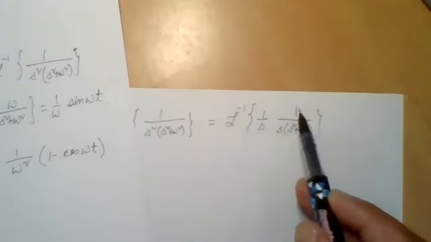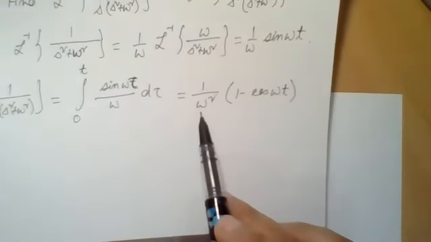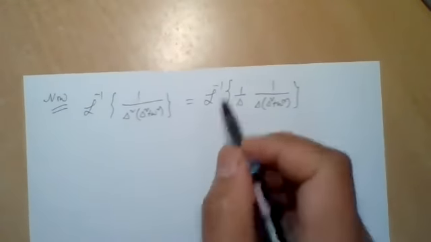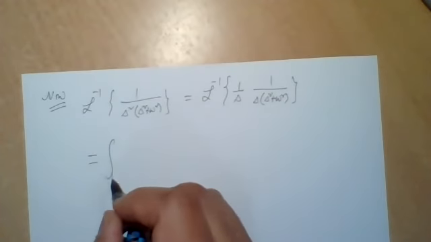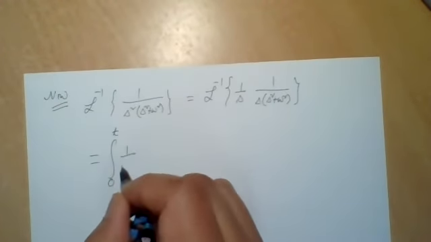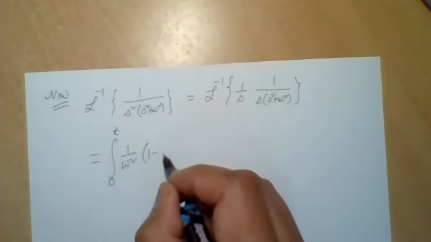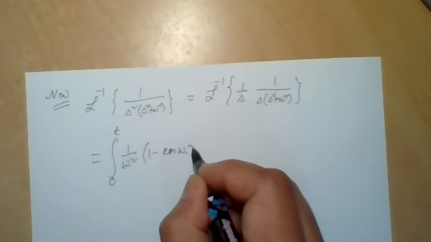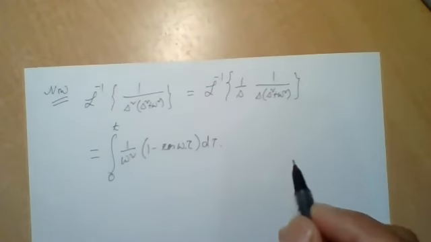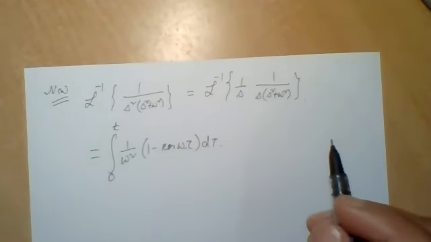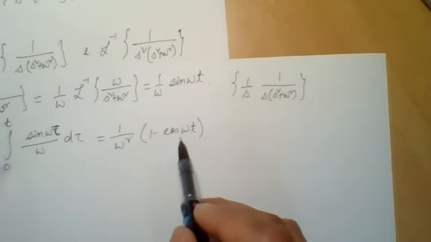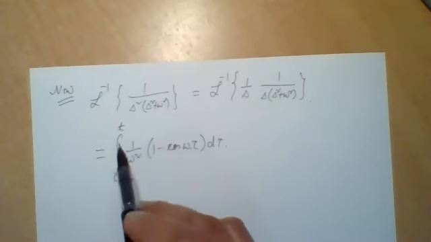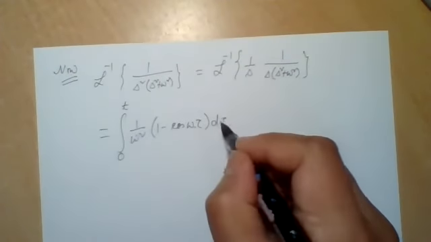Okay. I repeat, what is this? This is the Laplace transform of 1 by omega squared times (1 minus cos omega t). Therefore, this should be equal to the integration from 0 to t of 1 by omega squared times (1 minus cos omega tau) d tau. Because this is the Laplace transform of 1 by omega squared times (1 minus cos omega t), that is the integration of this from 0 to t, d tau.